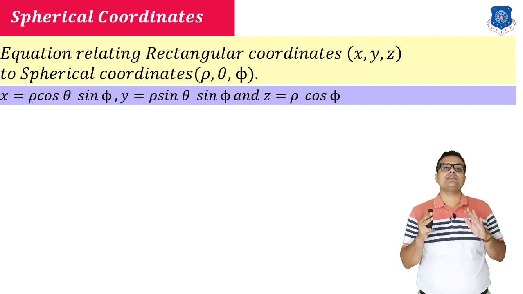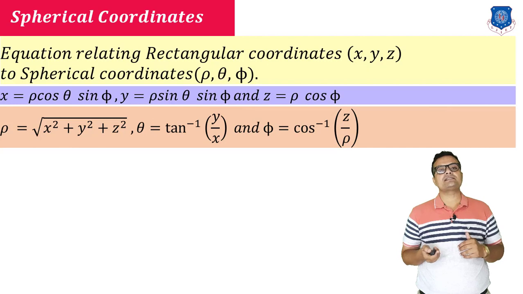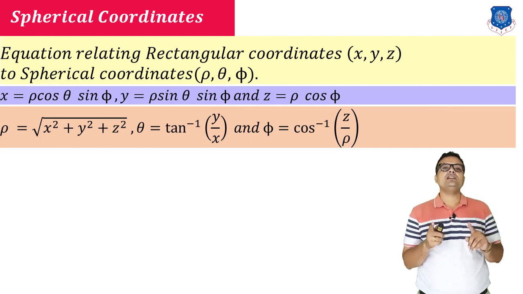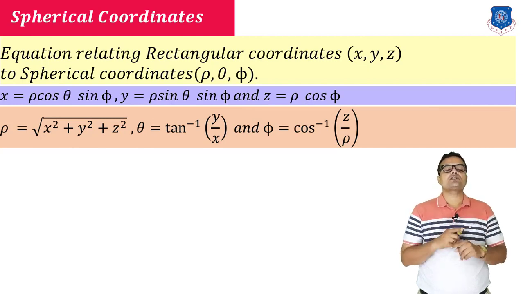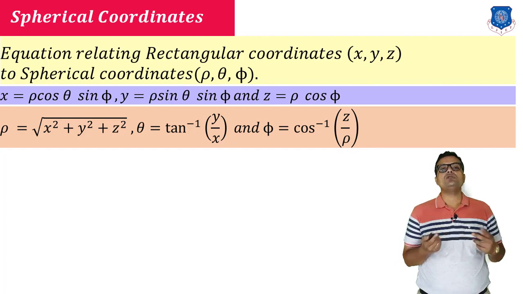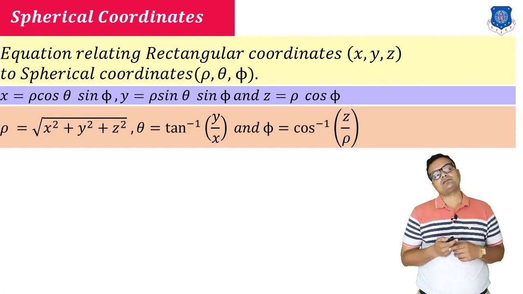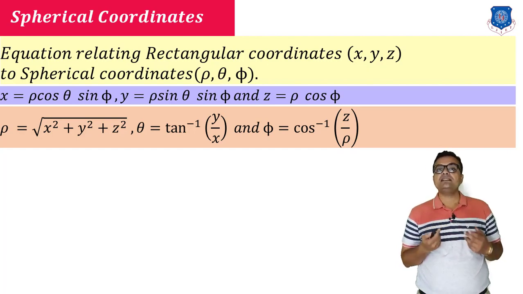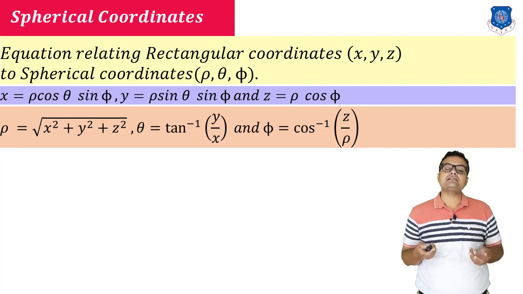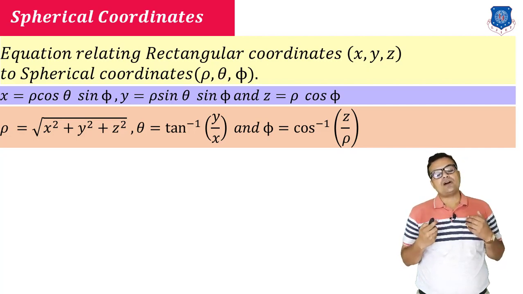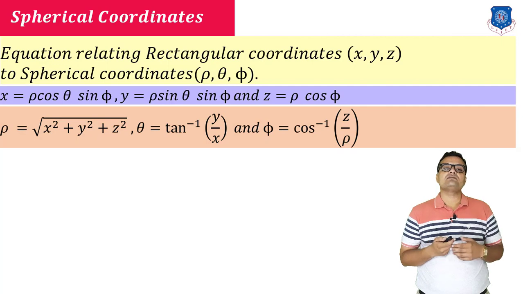This is how we are defining spherical coordinates. And if I consider the reverse transformation, then rho is equal to root of x square plus y square plus z square, theta is equal to tan inverse of y by x, and phi is equal to cos inverse of z by rho.